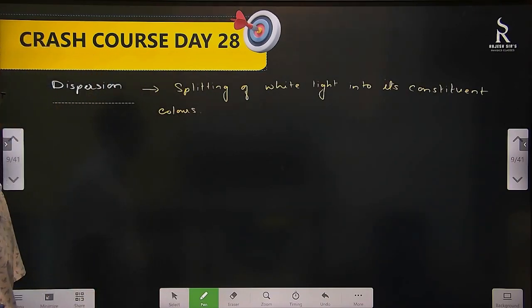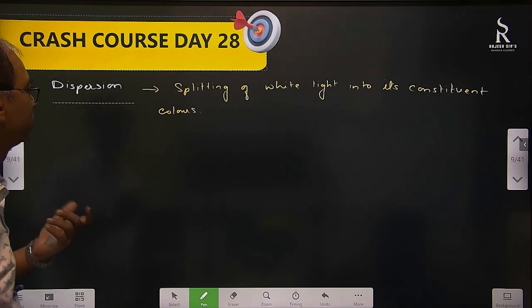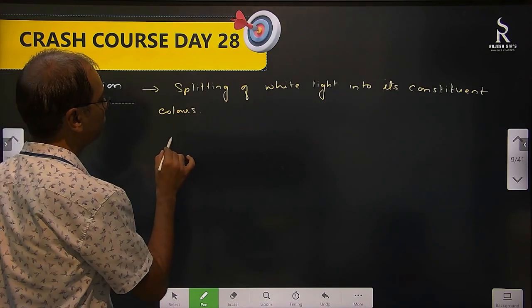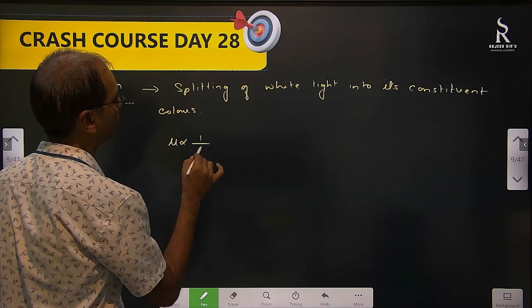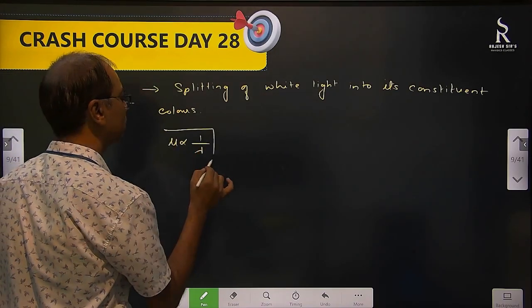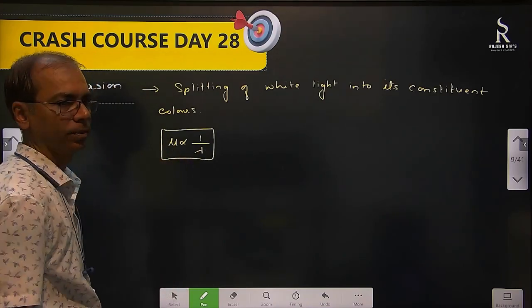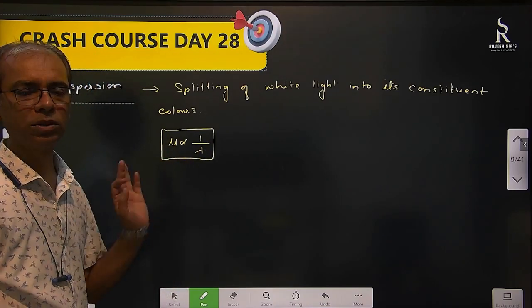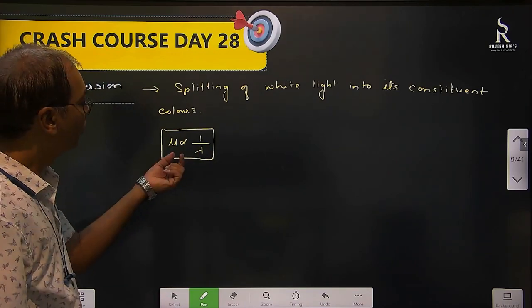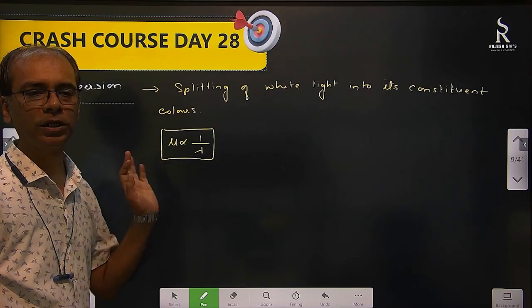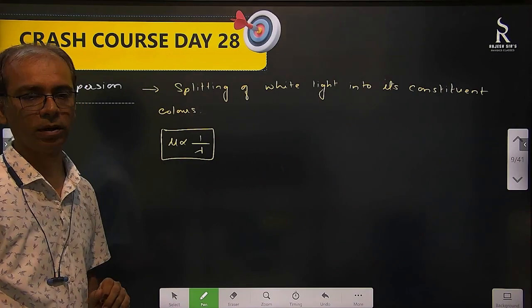And a prism does it. How is a prism able to do this? Because we know that mu is actually inversely proportional to lambda. Not exactly lambda, but we will take this relation. So for every color, the refractive index of the prism is different.